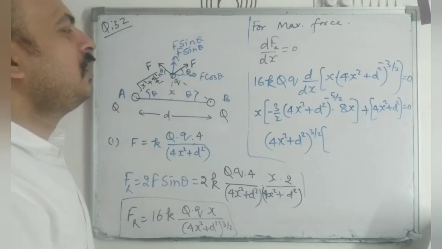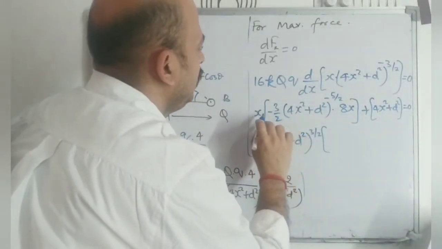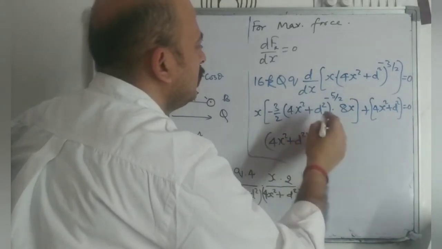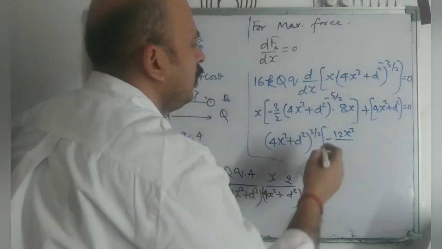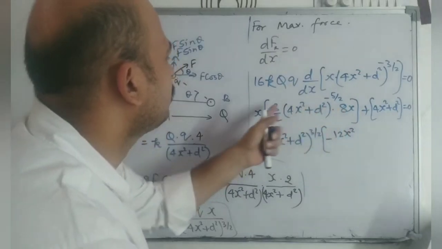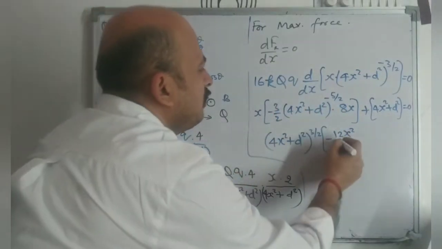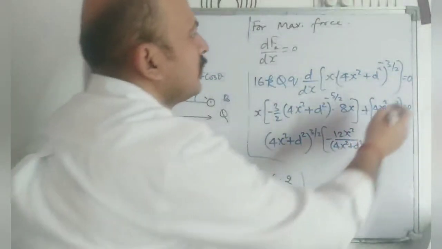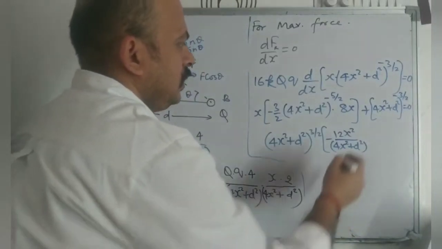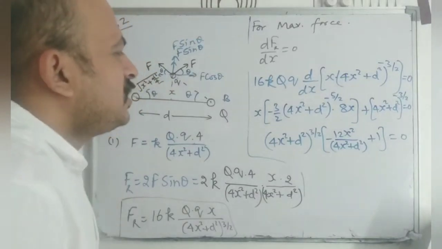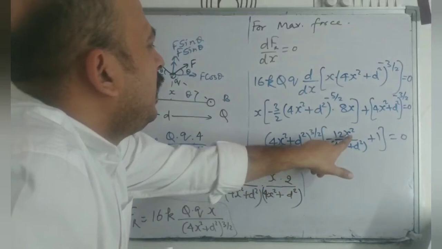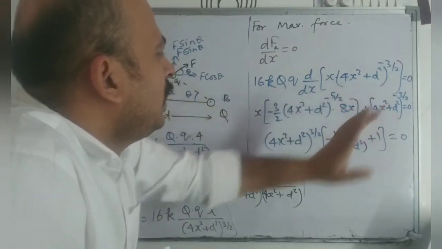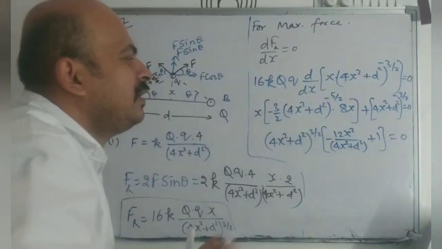Let us check again. This x into 8x: 2 into 4 is 8, 3 into 4 is 12, so we have minus 12x square divided by (4x square plus d square) plus 1, which is equal to 0.